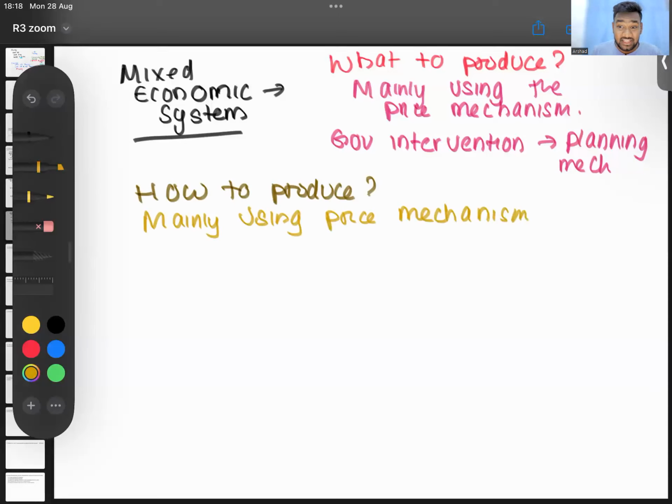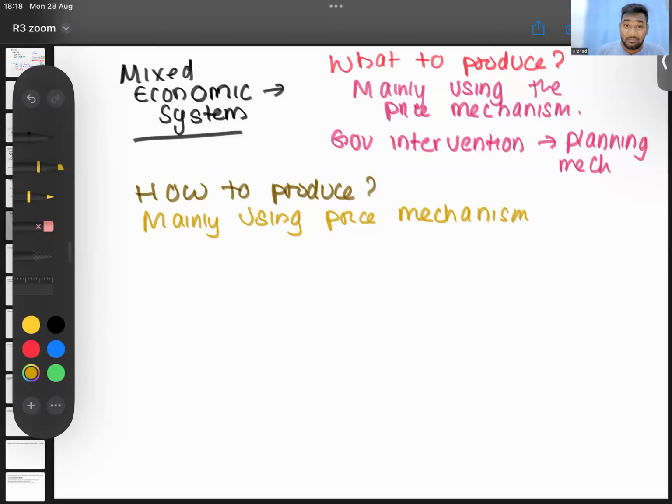But even though they mainly use the price mechanism, government will influence. How can the government influence? For example, let's say government wants more and more people to get jobs rather than using capital. So government will come and say, okay, if the private sector, if you use labor intensive techniques, I'll give you some subsidies. I'll give you some tax benefits, right? Maybe let's say you provide 10,000 jobs in this rural area. I'll give you the next 5 years, no taxes. So government can influence like that.